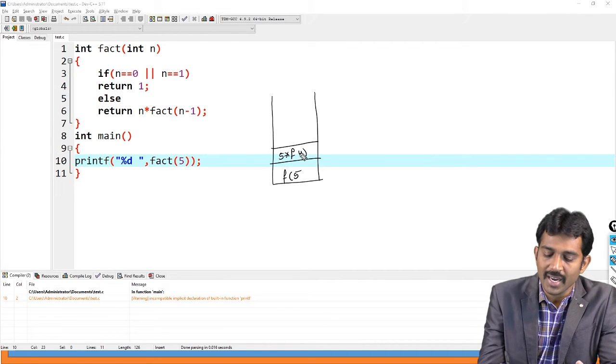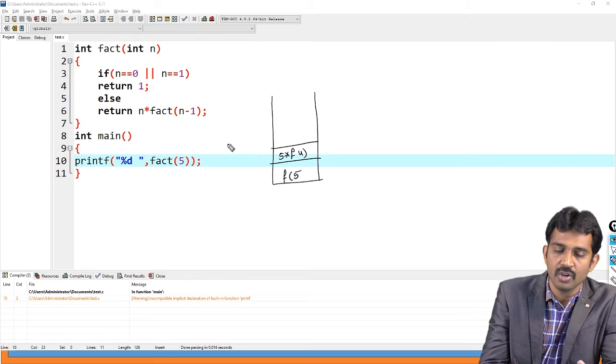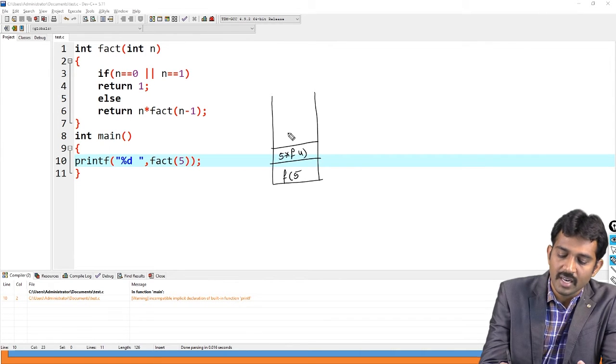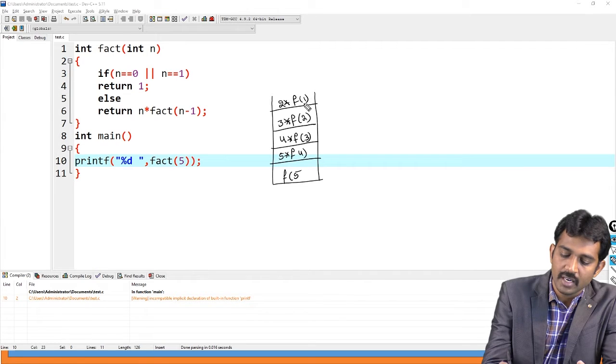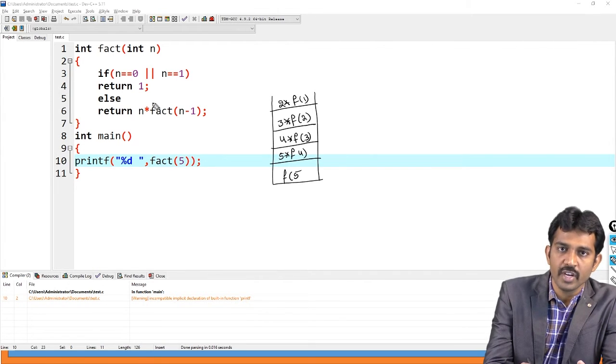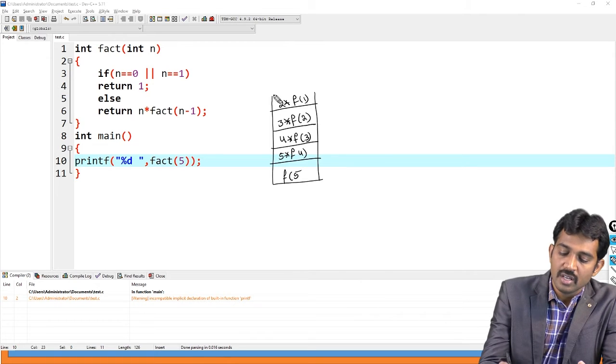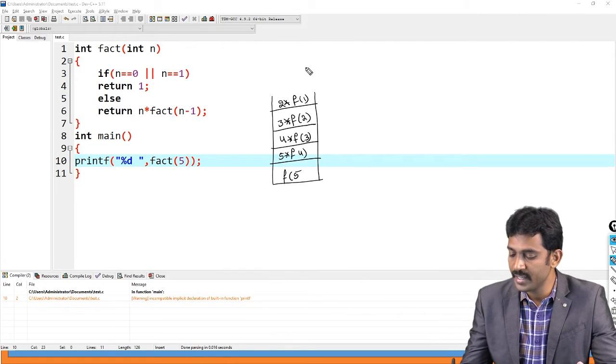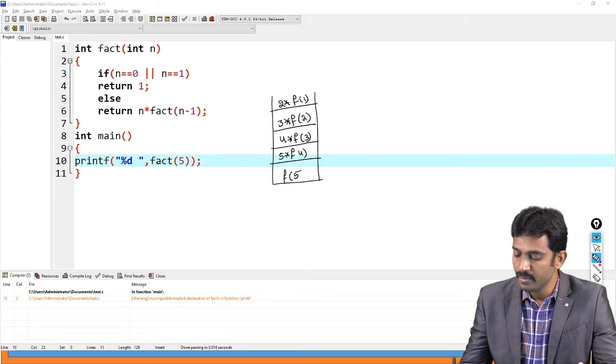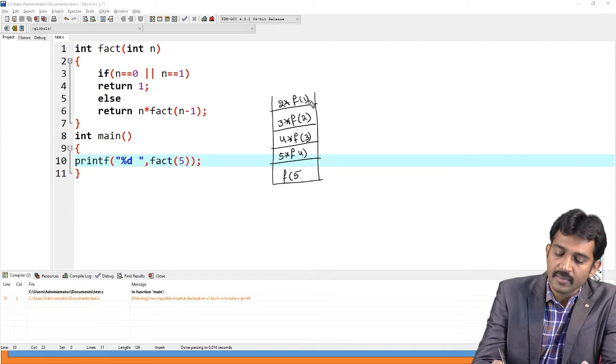When you call f of 4, again it comes to here. The condition is false, and it becomes 4 into f of 3. Next, 3 into f of 2. Next, 2 into f of 1. When you call f of 1, it returns 1.